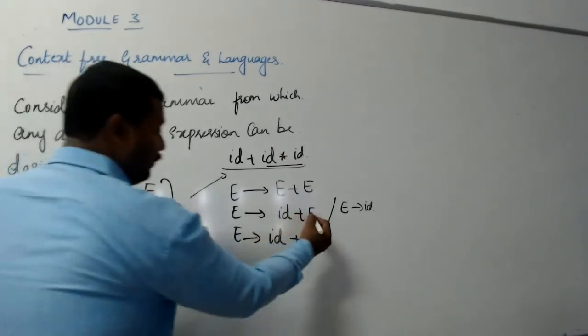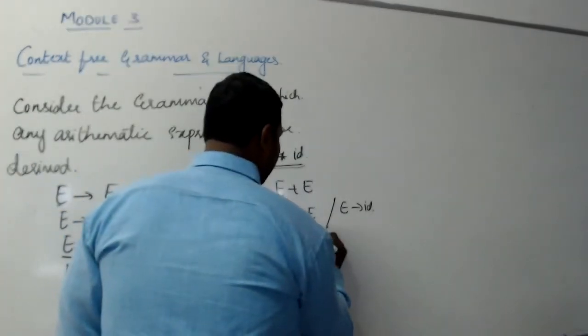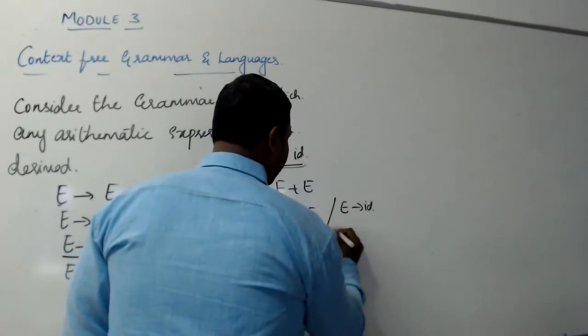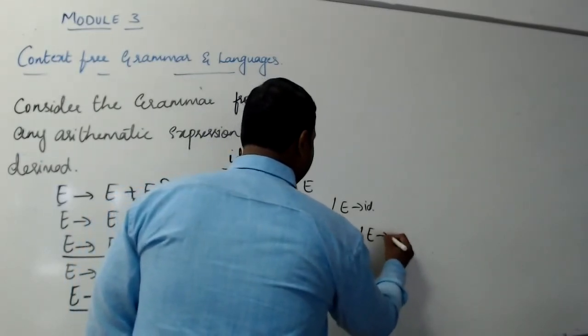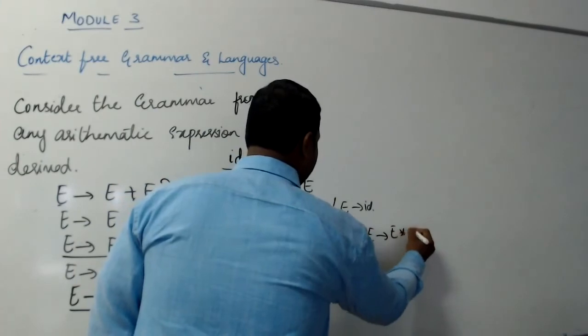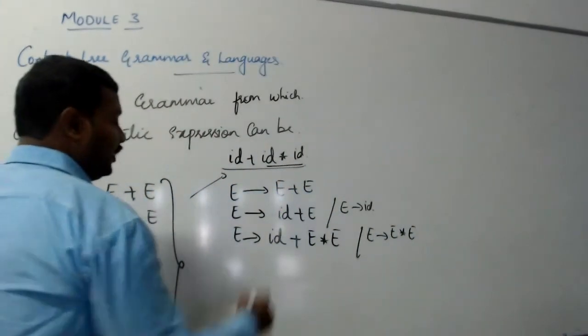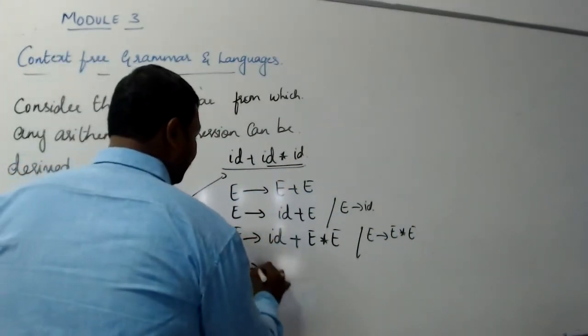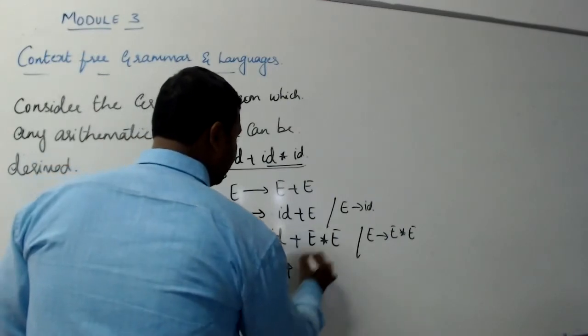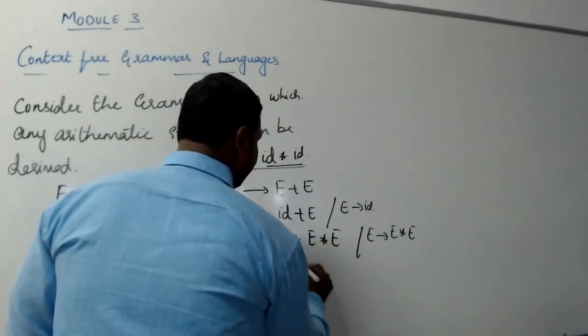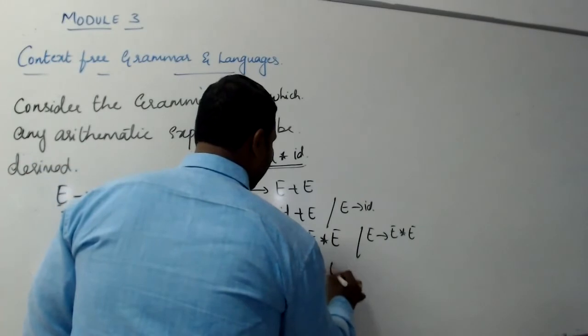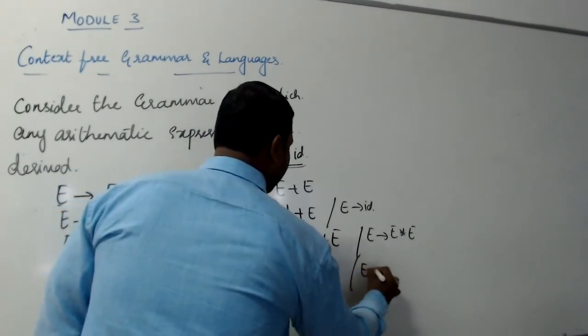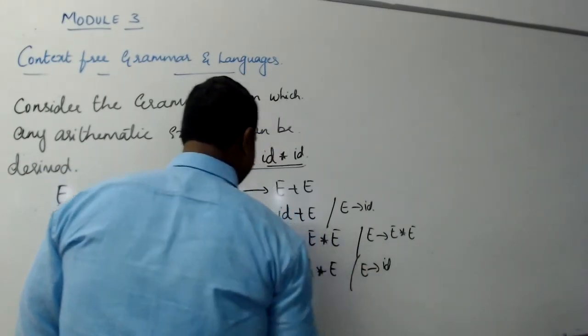Yes, again I will replace this E with E star E, that is E tends to E star E derivation. Next E tends to id plus; this E I will replace with id star E, and this E is replaced with id.